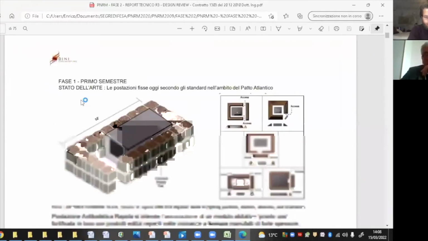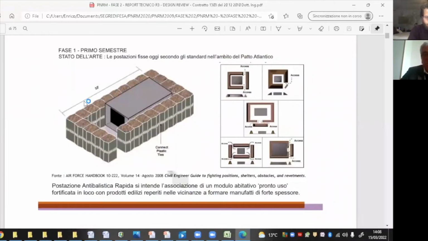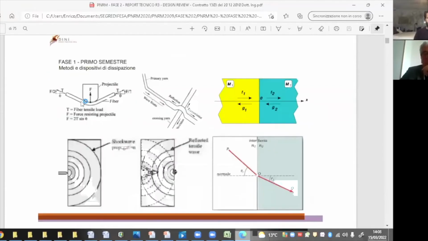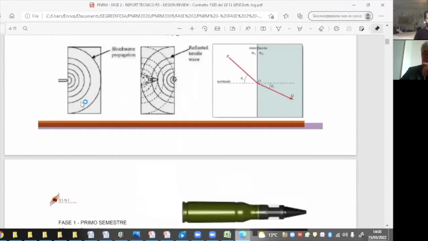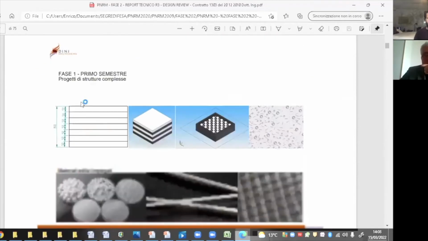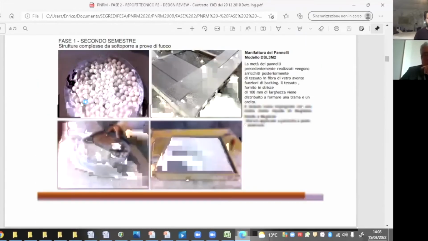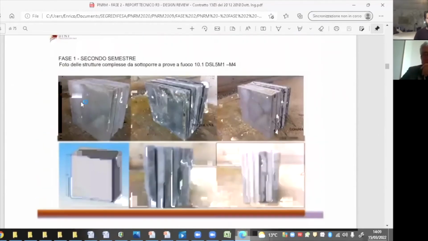Sorry, it is in Italian. So this is the story about how shelters are usually done according to NATO treaty. This is all the story about how to stop the threat of a bullet. And so on. This is the story about several items.